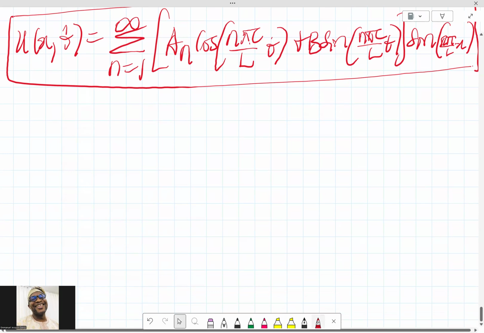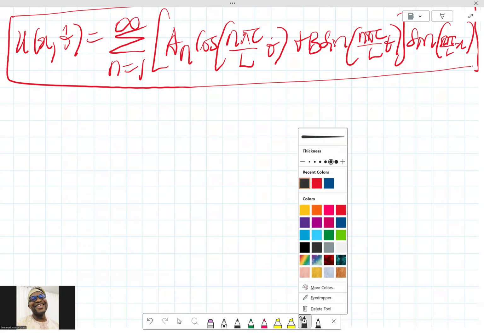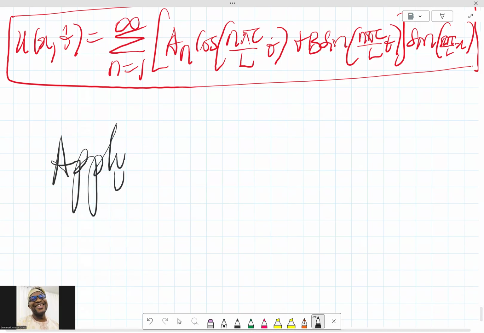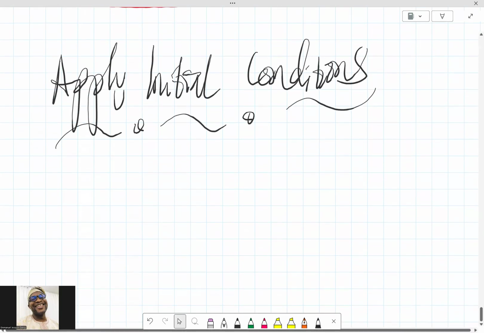So of course, we can still go ahead to apply initial conditions. So you have boundary conditions, you have initial conditions. Applying initial conditions is what will guarantee that you get a specific example, a particular solution, so to speak.